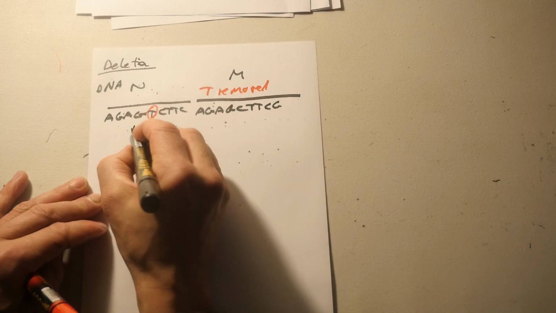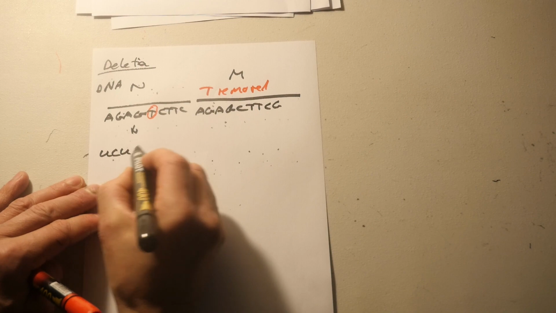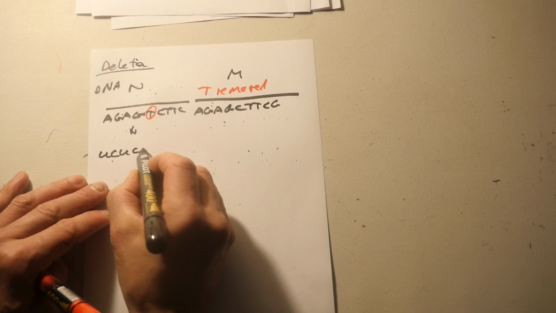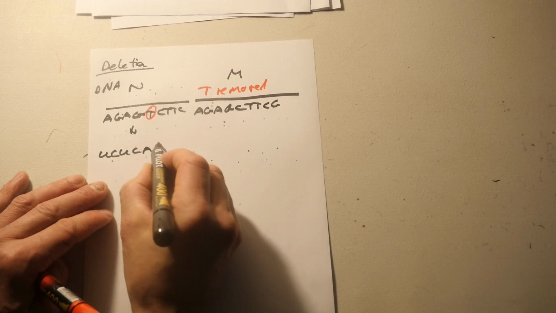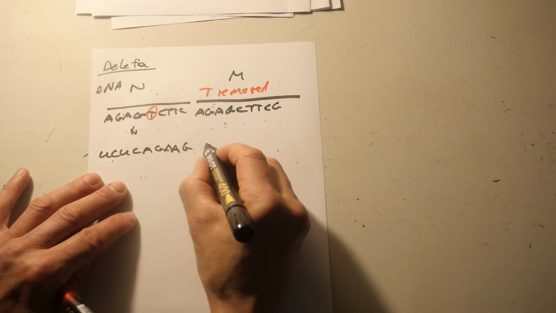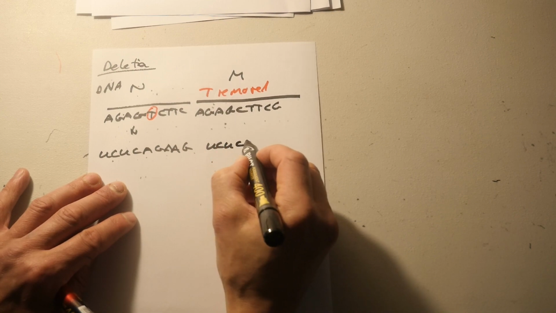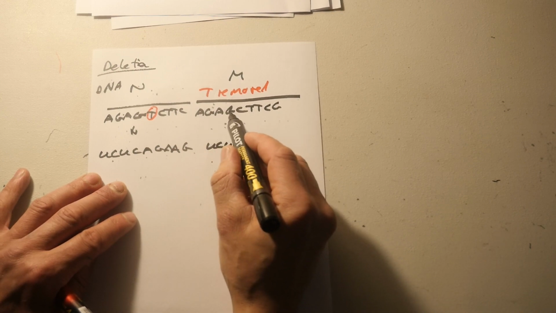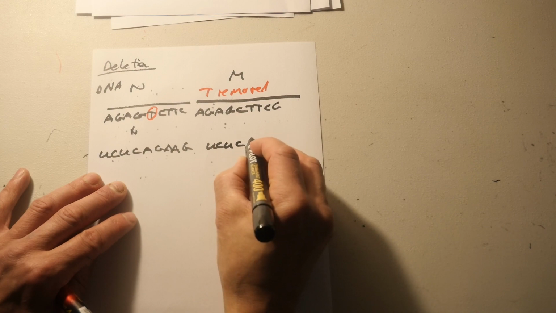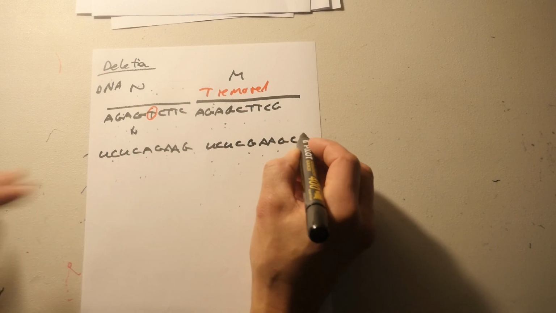So you get RNA formed, which is U, C, U, C, A, G, and the RNA here, which is U, C, U, C, G, A, G, C, okay?